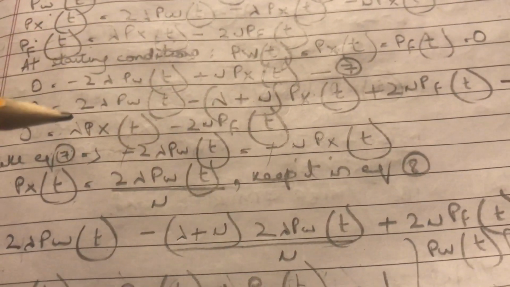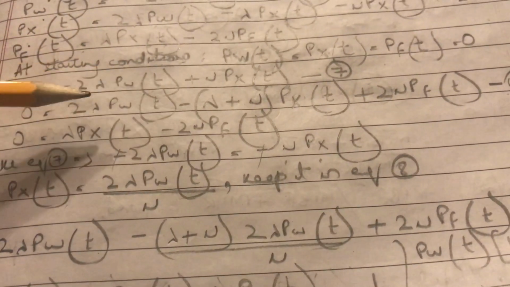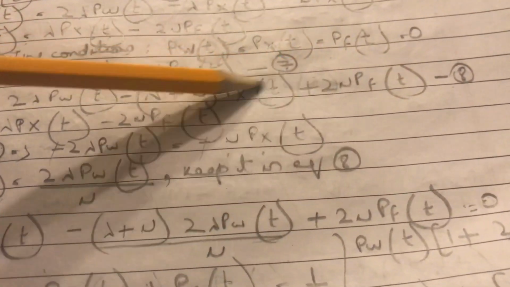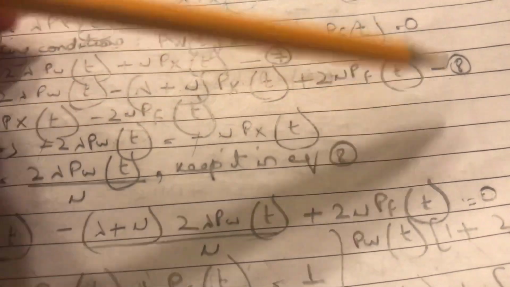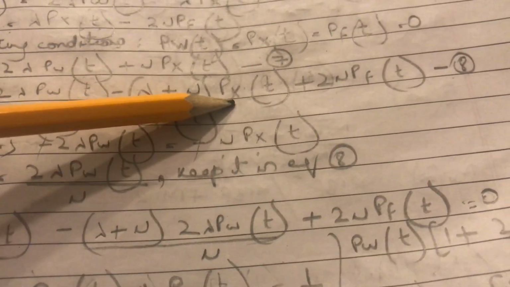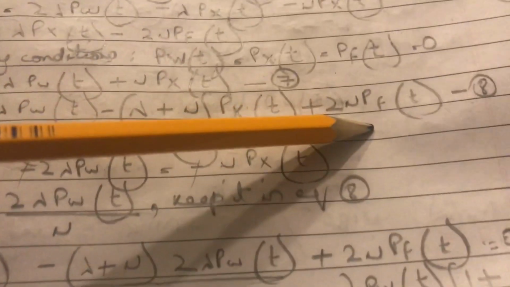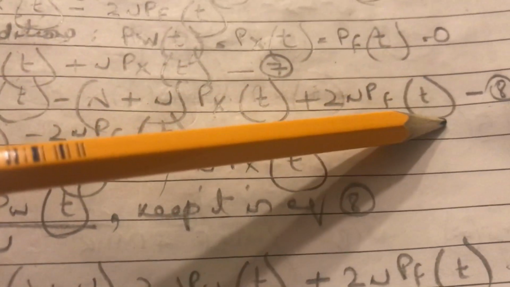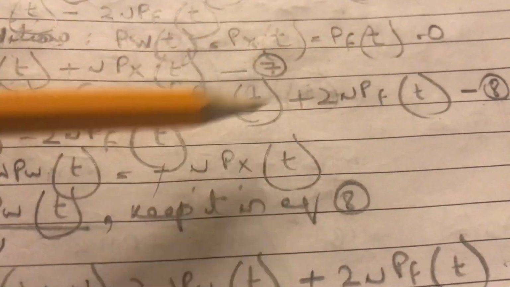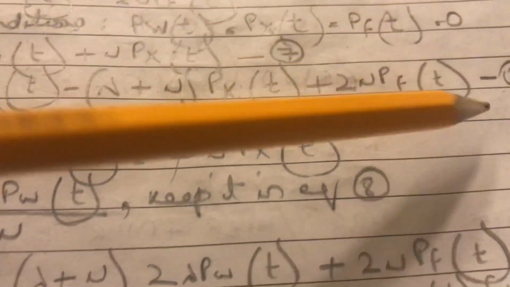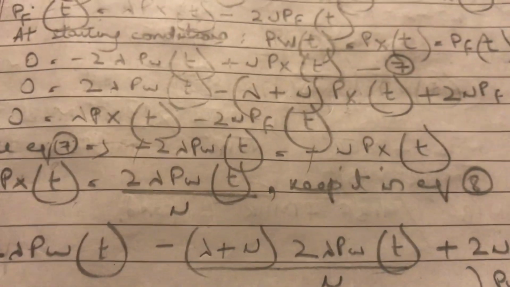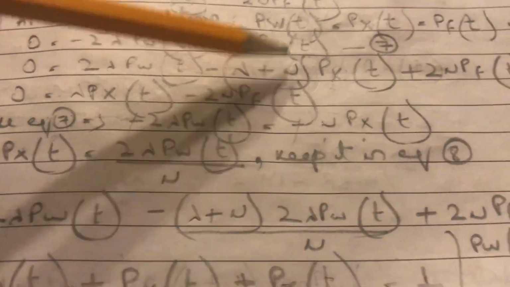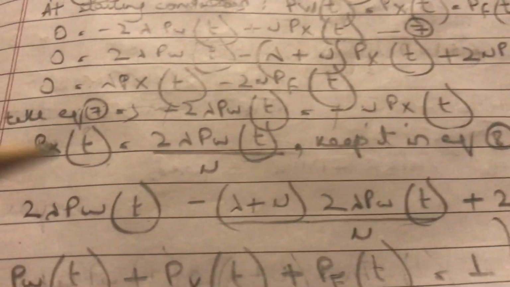So how can we substitute to get just pw of t? This equation is a perfect one for finding pw of t. We have to find the value for px of t and the value for pf of t in the form of pw of t, so that we can put in the values of these two and then easily find our pw of t.